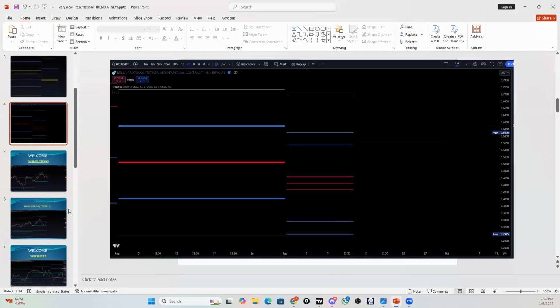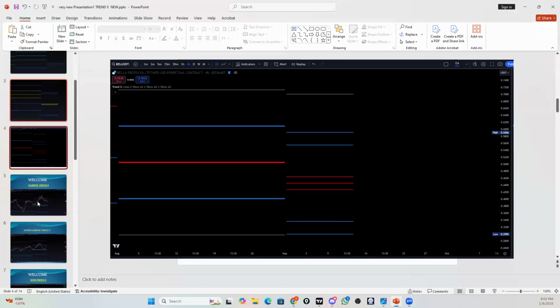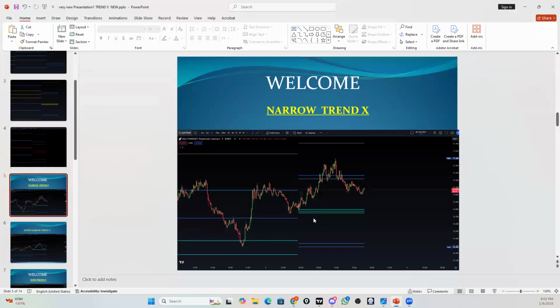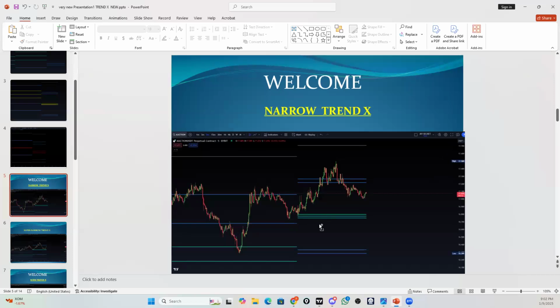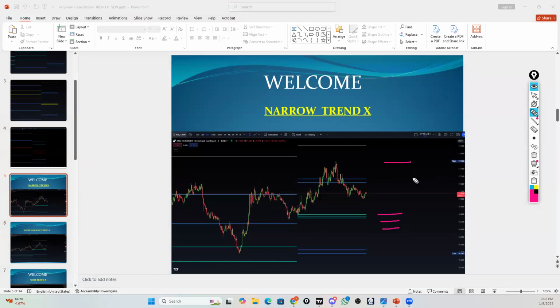You can see the narrow Trendex, the three lines. Every day you will see different three lines. Sometimes you will see them narrow, sometimes wide, and sometimes only one single line. Every day it will be a different Trendex.